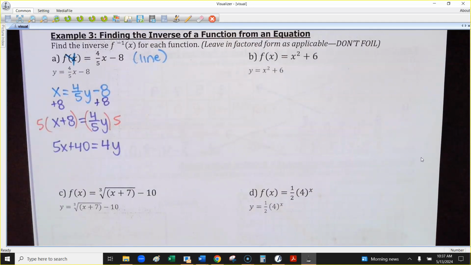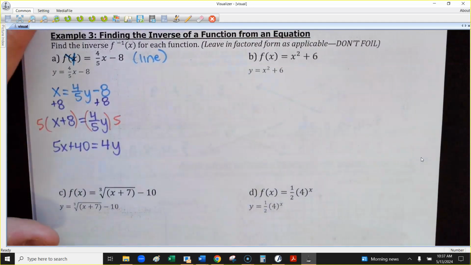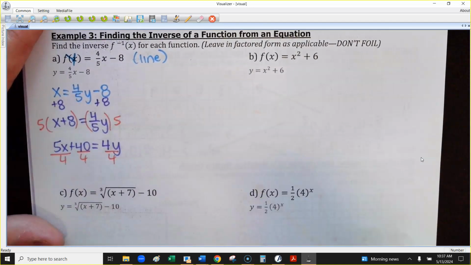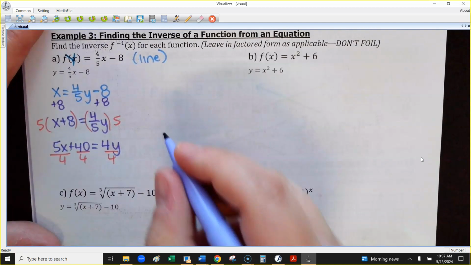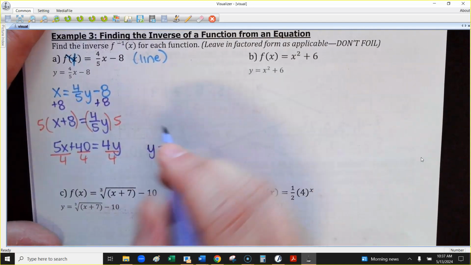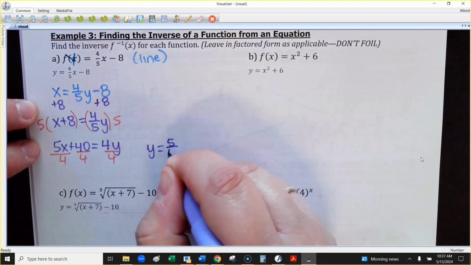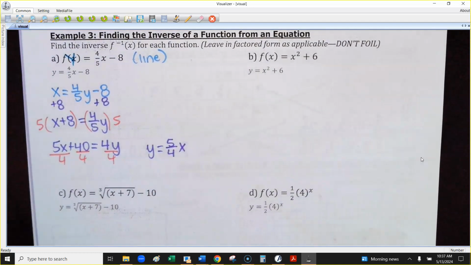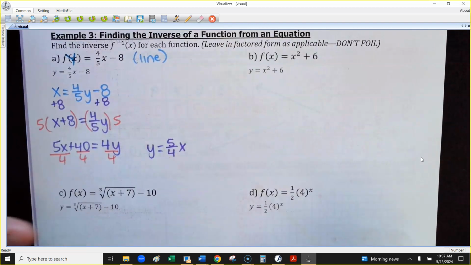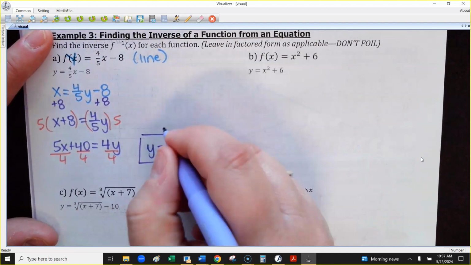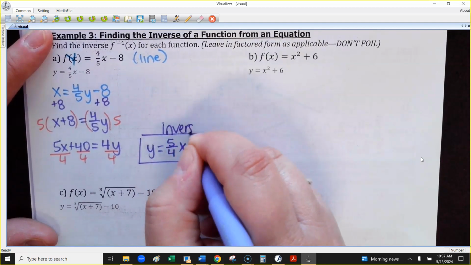Now, to get y alone, I'm just going to do one more step. We're just going to divide everybody by 4. And because this is aligned, I'm going to write y equals first. The 5/4, I would just leave as 5/4 x, because that's just going to be your slope. And then 40 divided by 4 is 10. So this would be the inverse.